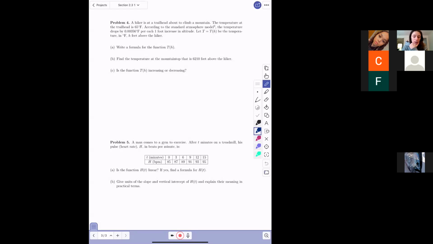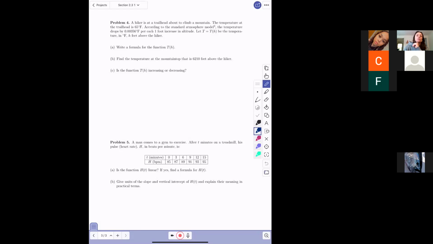According to the standard atmosphere model, the temperature drops by 0.00356 degrees Fahrenheit per each 1 foot increase in altitude. Let T equal T of H be the temperature in degrees Fahrenheit and H feet above the hiker. Write a formula for the function T of H.